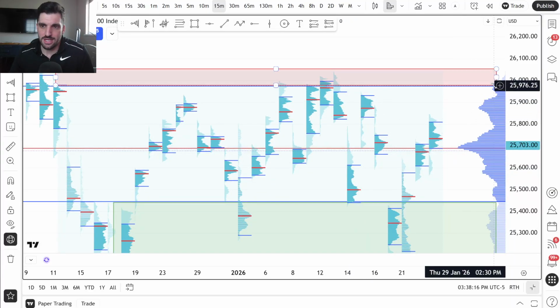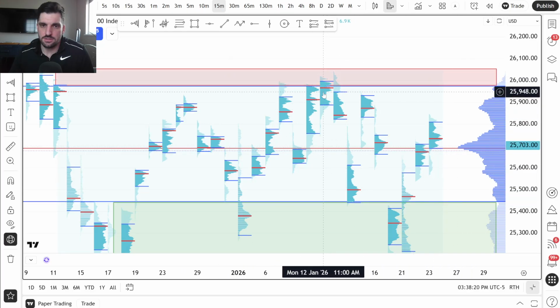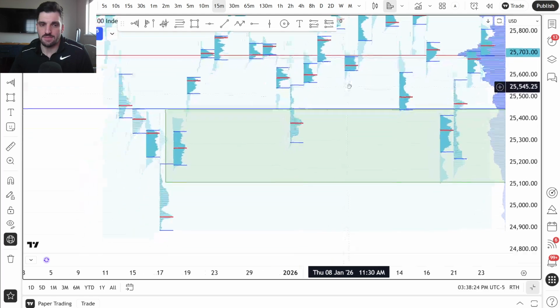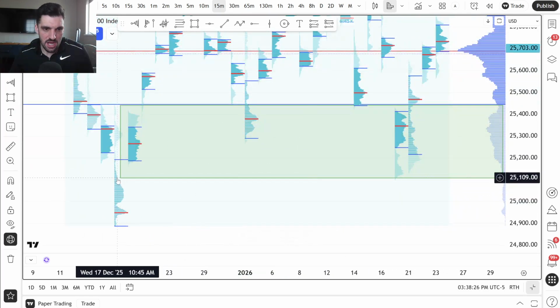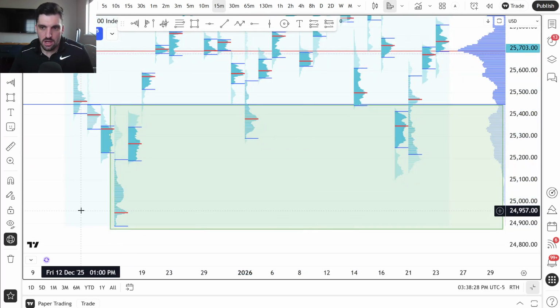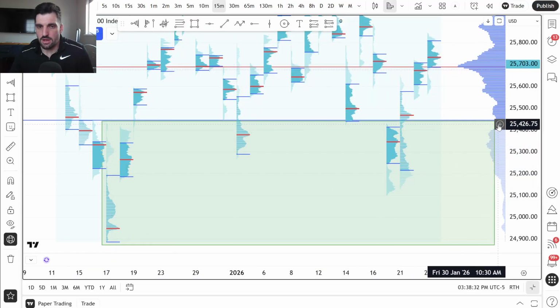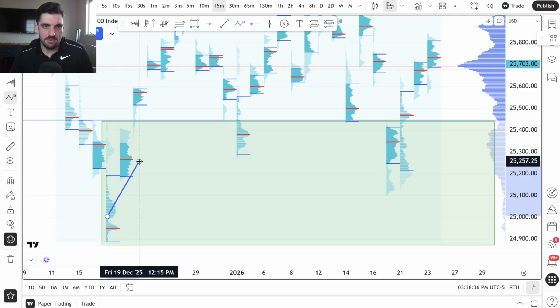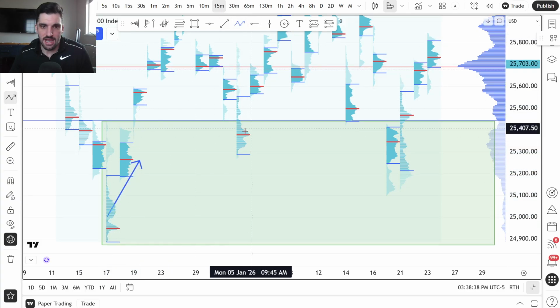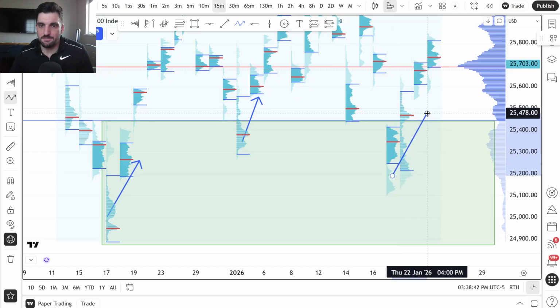Not a lot of volume transacted there, and it is above the value area. So that's where we start to see the shifts down in value, all right? Where do we start to see the shift up in value? Well, we see that when prices get below the value area low, and this is where we start to see the shifts up in value happening time and time again, all right?